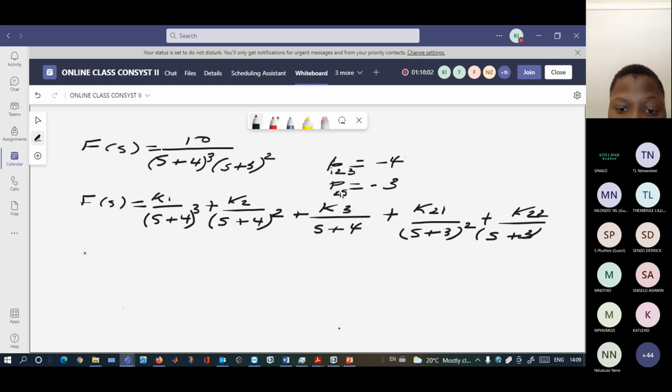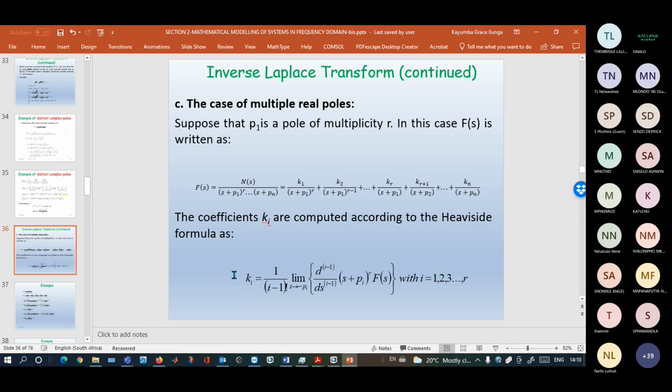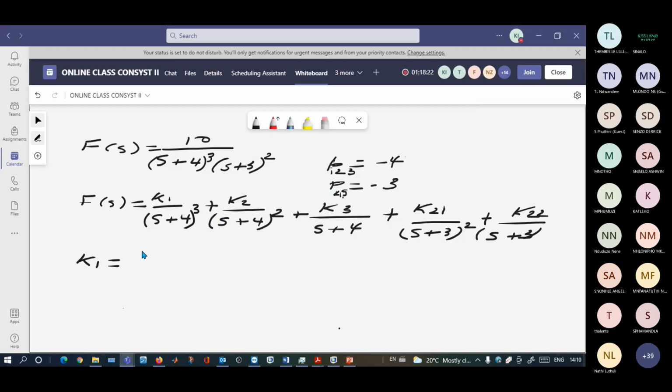The formula for K1 is going to be what? Let's go back to the slides. They said it's going to be Ki, where I can be 1. So our I here is 1, and 1 over (I minus 1) factorial. So because it's 1, it's going to be 1 over (1 minus 1) factorial, which is equal to what?